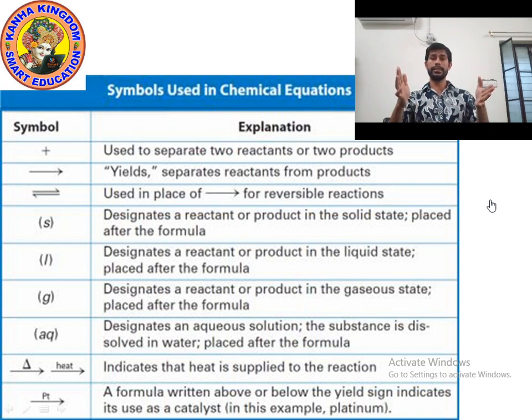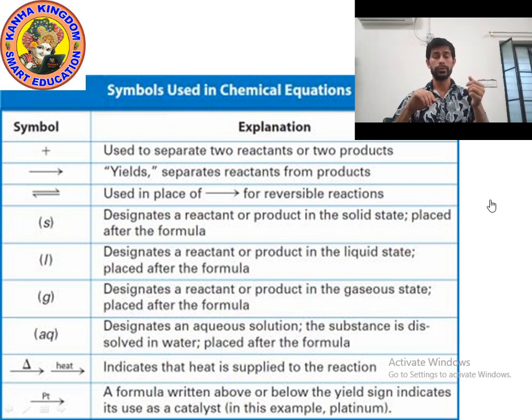Yes, reactants are written on the left hand side and products on the right hand side, and between them we use this arrow, known as yields. The simple arrow shows an irreversible reaction.